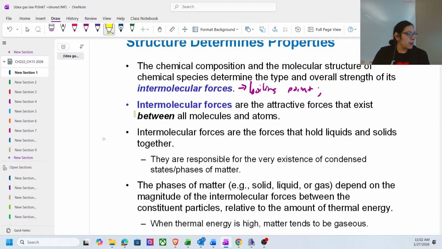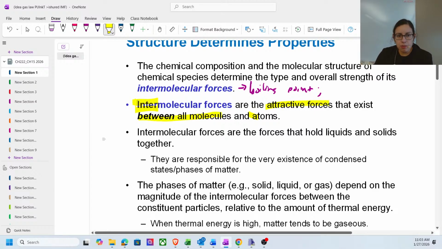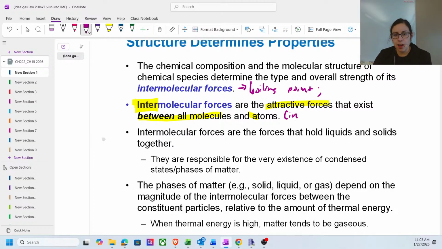And so let's just define intermolecular forces. They are just attractive forces between molecules. And again, note the word here, inter, right? So like interstate highway, like the I-5 or something.